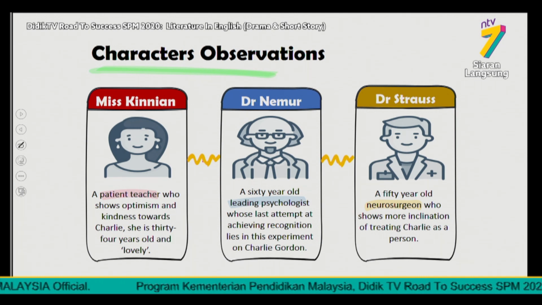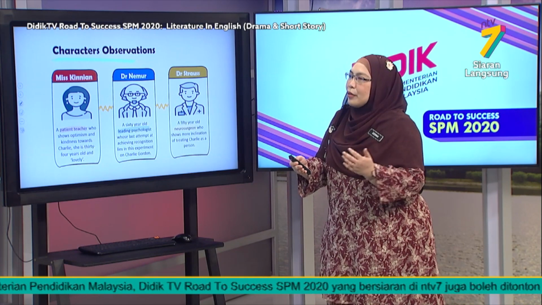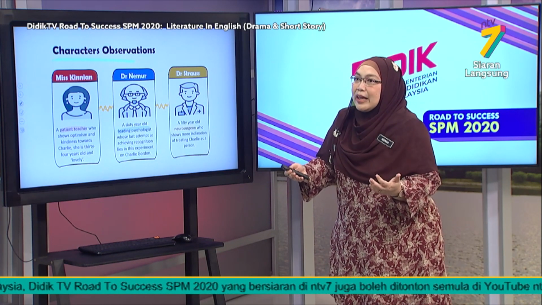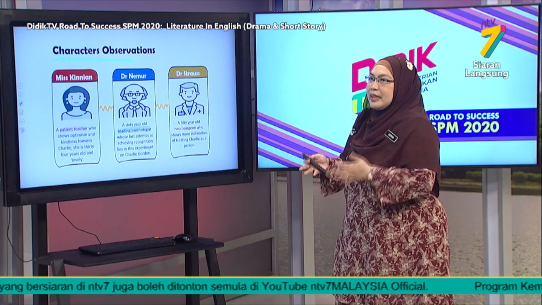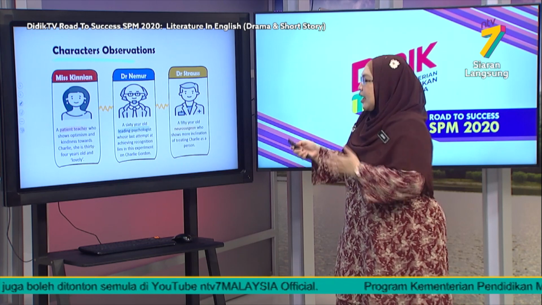And in his own words, he feels she is lovely. Then you have Dr. Niemer and you have Dr. Strauss, the two doctors who ultimately change Charlie Gordon's life. Dr. Niemer is 60, Dr. Strauss is 50, both quite late in their careers in the sense that they're quickly running out of time to obtain glory. If they're going to make a name for themselves, this experiment is going to be their last-ditch effort.